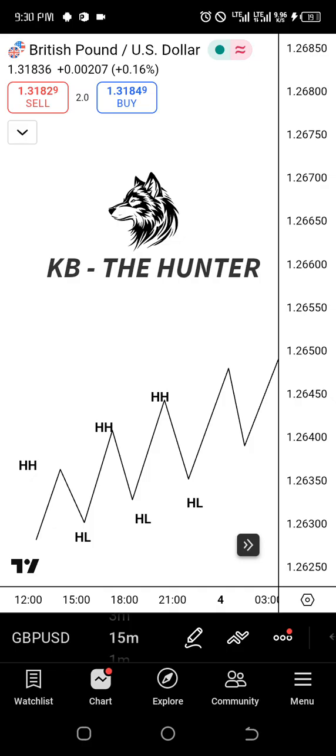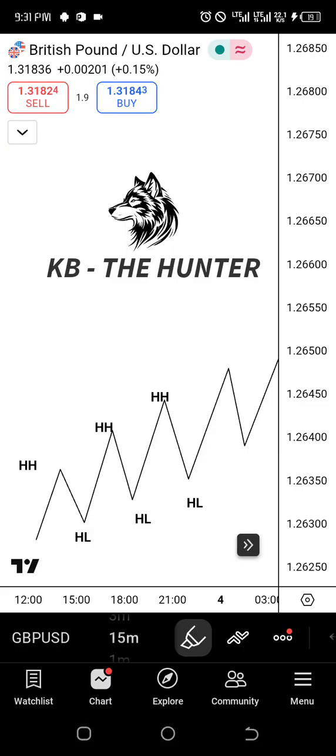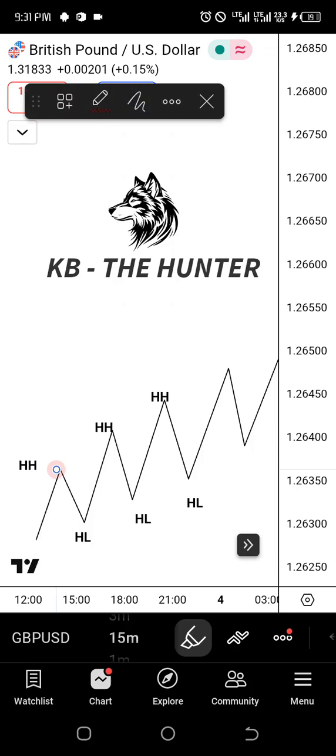Okay guys, as you can see in this diagram, I have HH. HH means higher high, and then higher low. So in a bullish market, the most recent high is the higher high. The reason why this is called a higher high is because this high is higher than the previous one. Now this is a higher high, then a higher low.